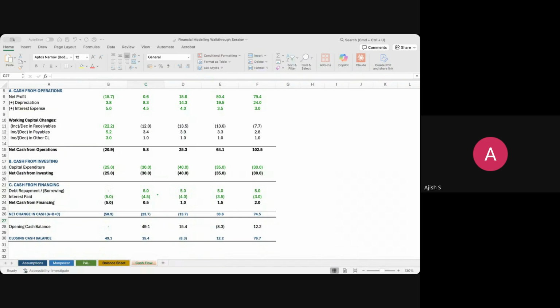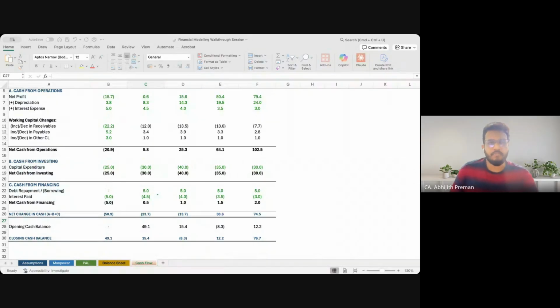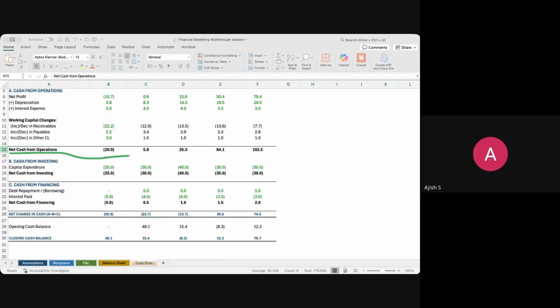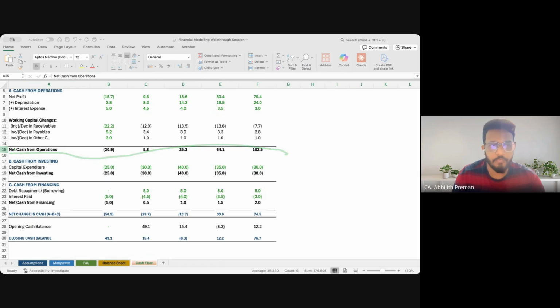Okay. And how can I say whether this is cash flow positive or cash flow negative? How can I find it? So it's basically from the net cash from operations. If you look at row number 15, so this row. So if in the first year it's minus 20.9, it means that your cash flow is negative.